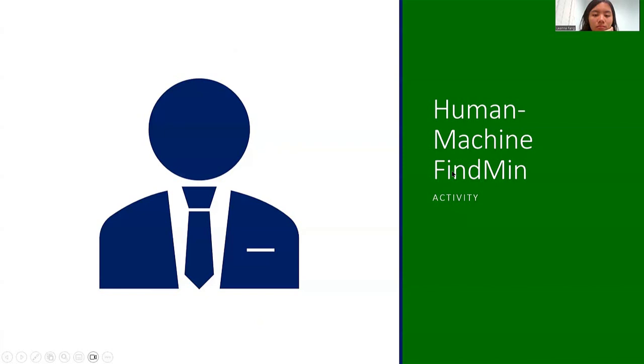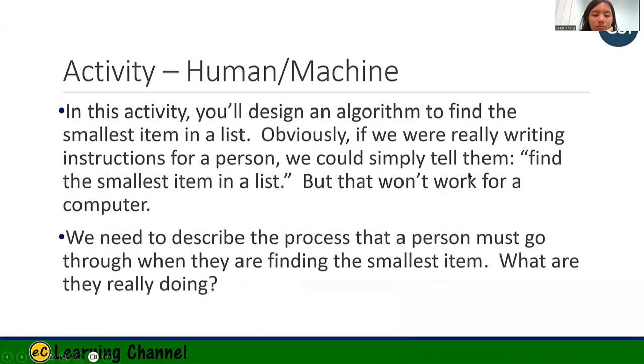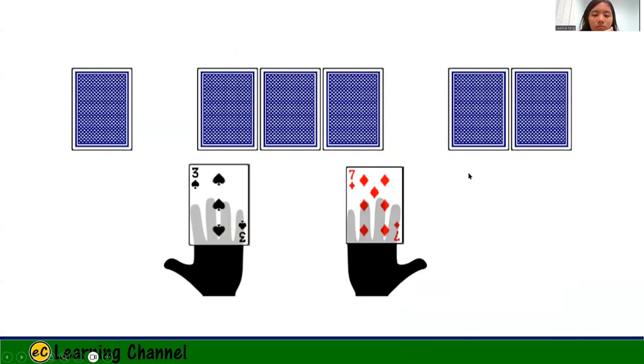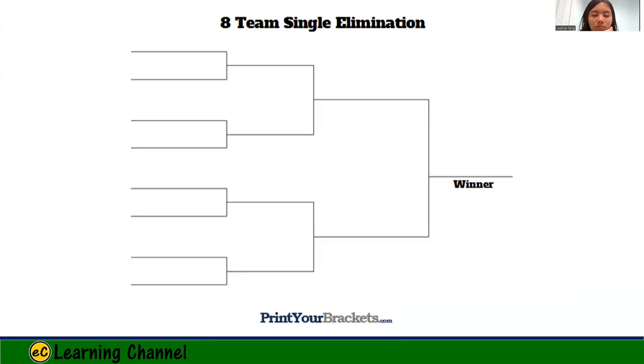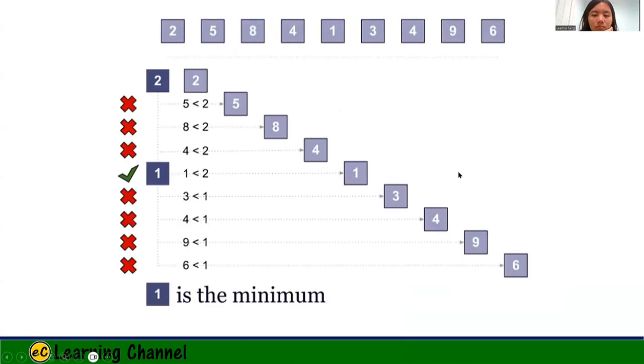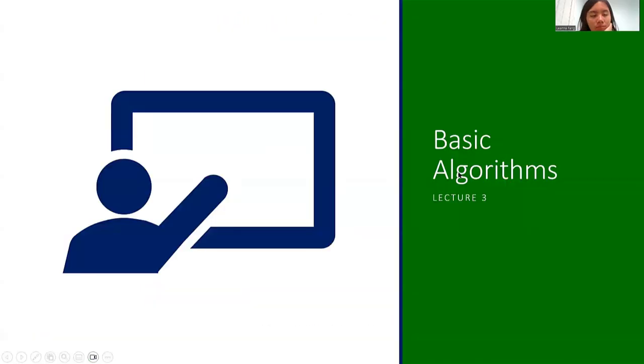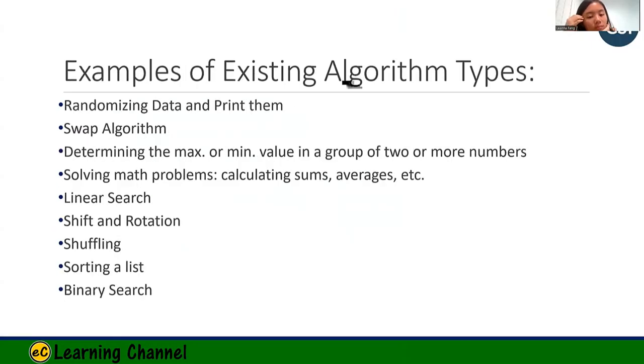These are the problem solving steps. This one I won't go into detail. What you need to know is the swap algorithm, linear search, rotation and swap, rotation and shift.